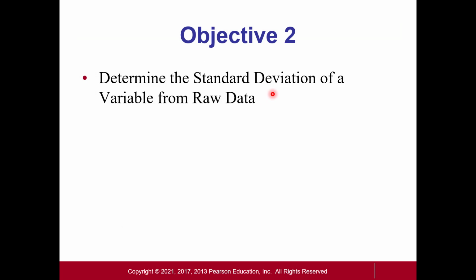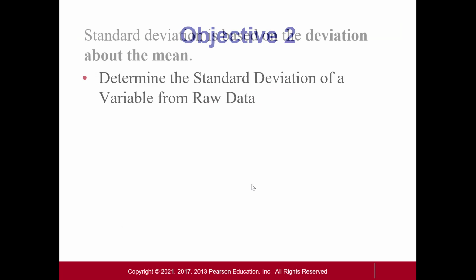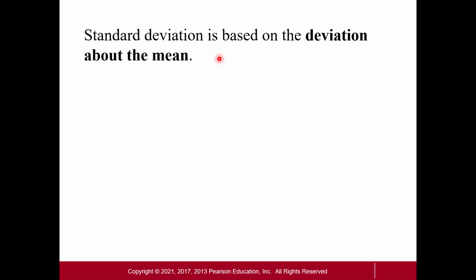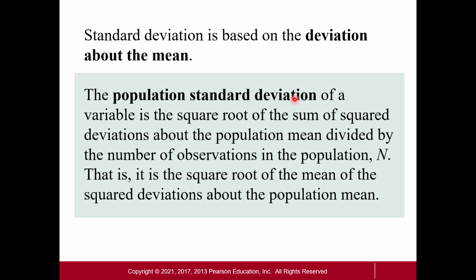Now let's determine the standard deviation. The standard deviation is based on the deviation about the mean, that is, how far the values in the data set deviate or are spread out from the mean value. The population standard deviation of a variable is the square root of the sum of squared deviations about the population mean, divided by the number of observations.